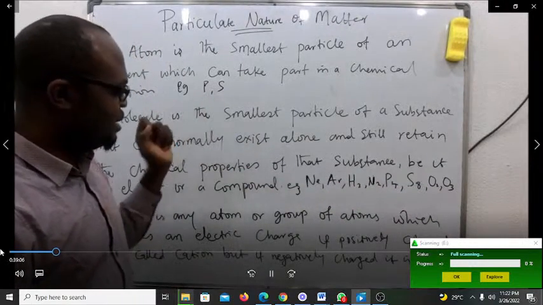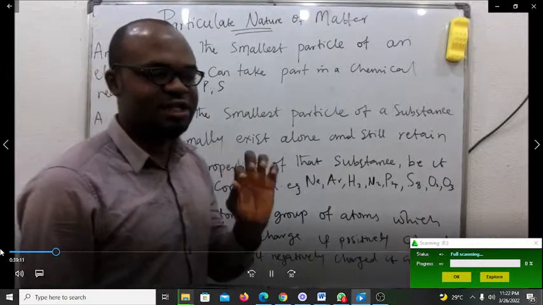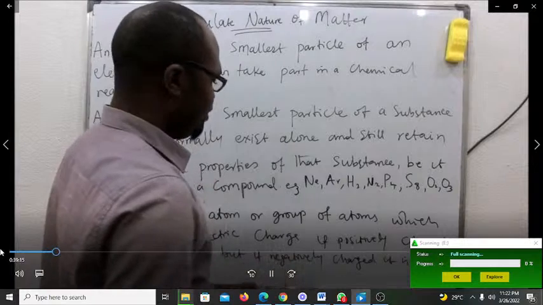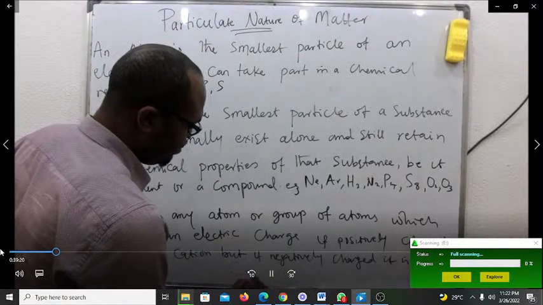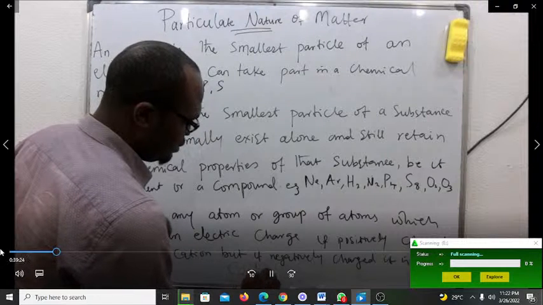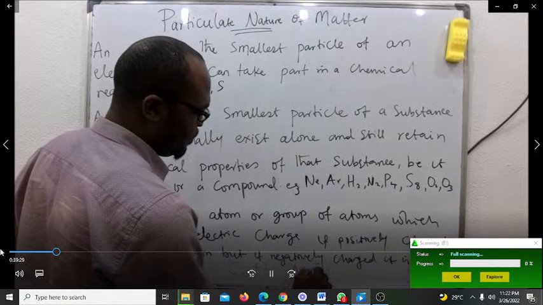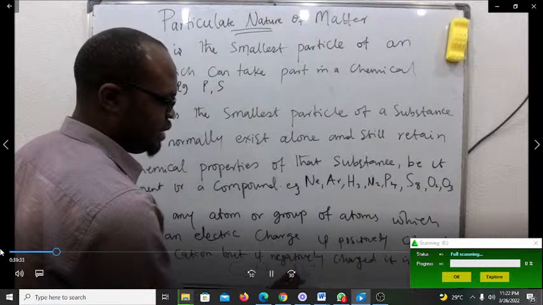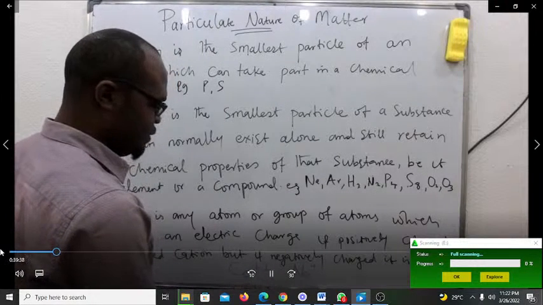Whereas ions are actually charged. So you can have something like Ca+, so you can have something like Na+. This is single positive charge, double positive charge. So all these are ions.